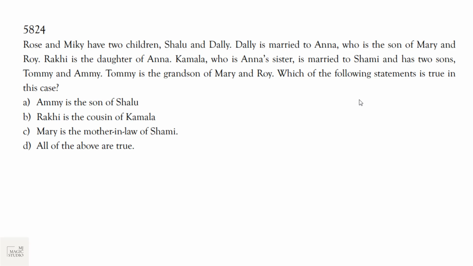Okay, so we have one question from directions and one question from family tree also. Let's work this out. Rose and Mickey have two children.